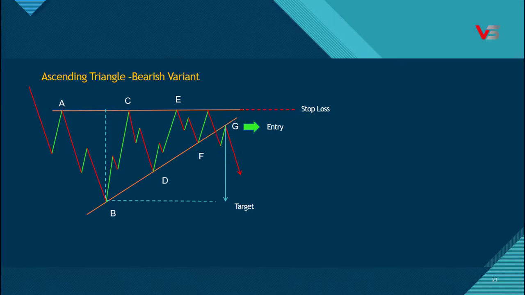Then your target will be the length of the pattern between A and B. Your stop loss should be the resistance zone of A, C, and E, or just above A, C, and E. The risk-reward ratio in this pattern is normally 1:3. So the probability of making profit is huge in triangle patterns. Next, we will see some examples for the ascending triangle pattern for bullish and bearish variants on the TradingView website.